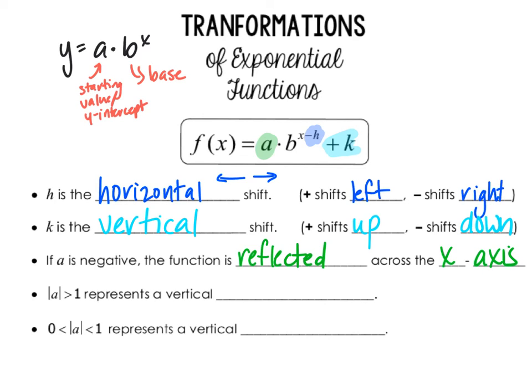When the absolute value of a is greater than 1, it represents a vertical stretch. And hopefully you made that observation in your assignment from yesterday. When the absolute value of a is between 0 and 1, it represents a vertical compression or a squish.